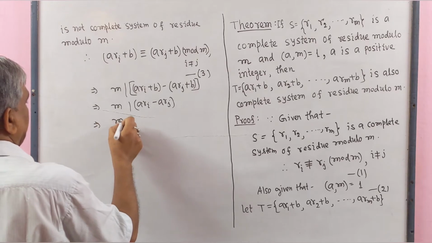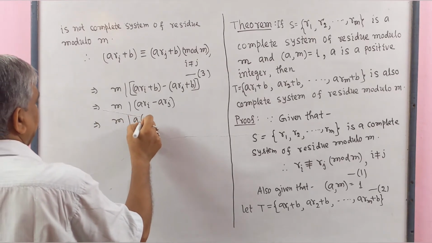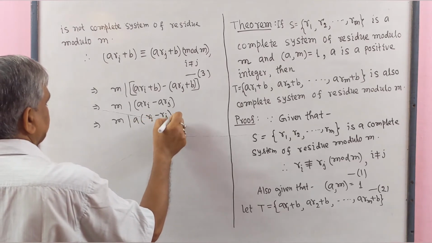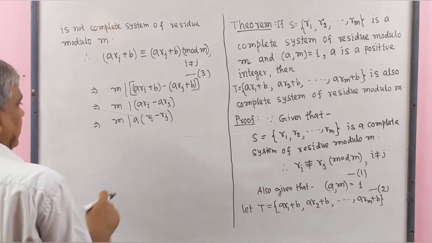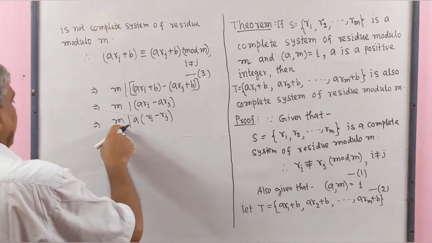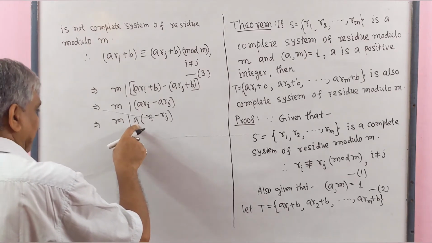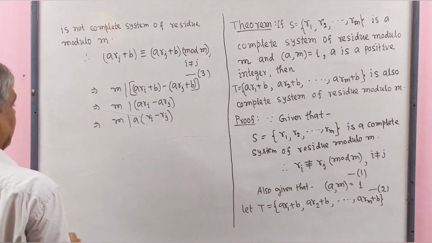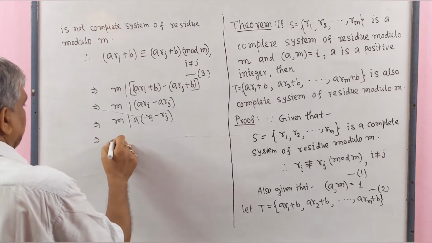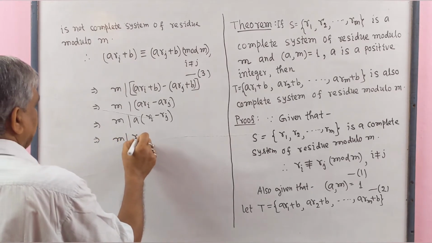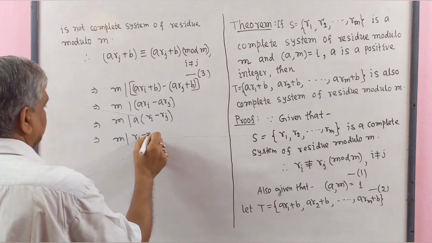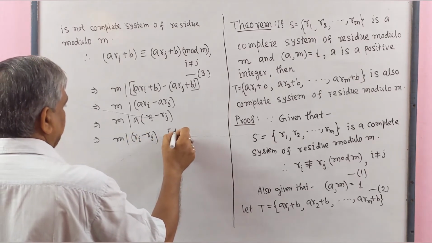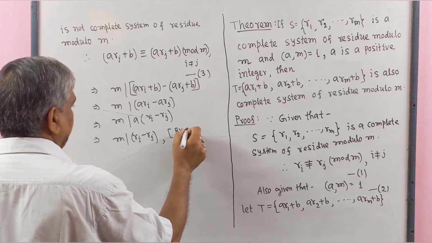Implies that M divides A multiply Ri minus Rj. By Euclid lemma, if GCD of A and M equal to 1, then M divides Ri minus Rj. Implies that M divides Ri minus Rj by Euclid lemma.